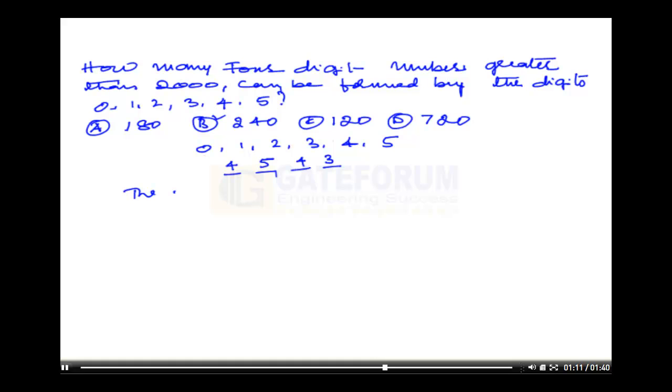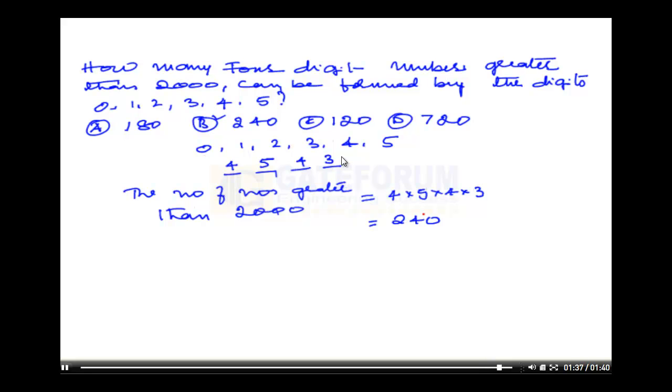Therefore, the number of numbers greater than 2000 is equivalent to 4 into 5 into 4 into 3. So the answer is 240. Hence your answer is B, that is 240.